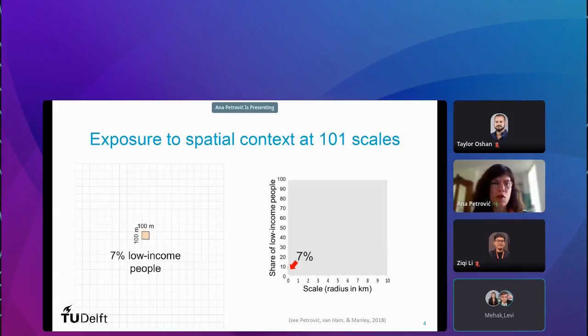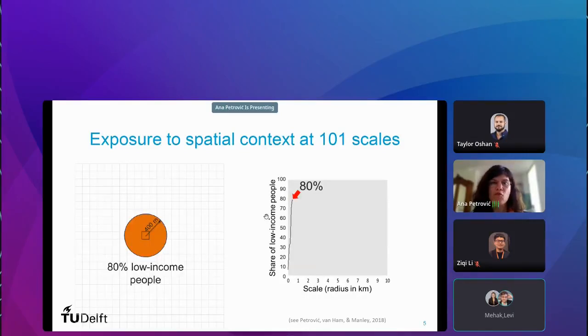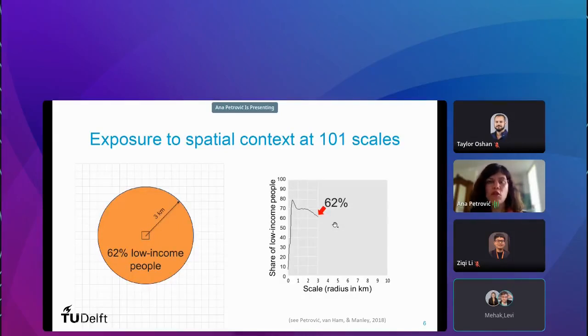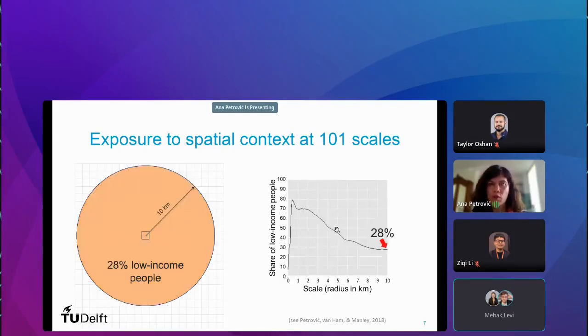So in this neighborhood, we have a person who lives in this small area, and they have almost no neighbors with a low income. However, when they move a bit farther away from their home, they meet more low-income people. Then we have almost all the neighbors that are low income, and as this person moves away further, the share of low-income people drops further, and eventually it reaches something that would be the average of the city where they live.